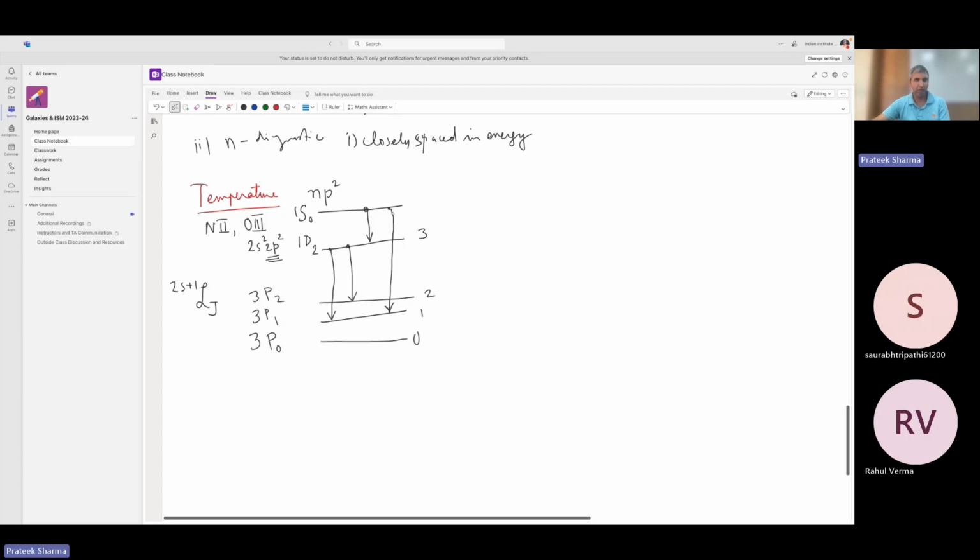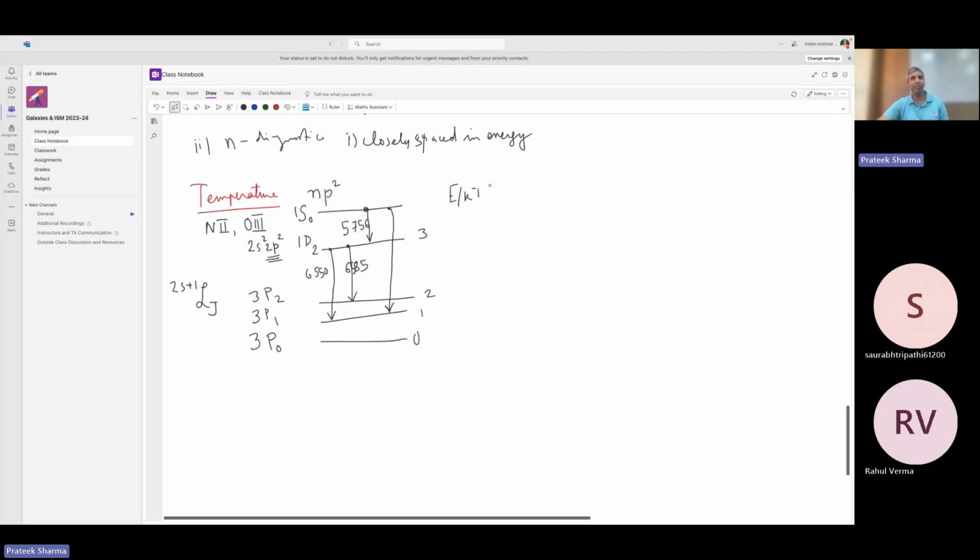So let me mark this: 5756 angstrom. This transition is 5756, and this is 6585, and 6550.